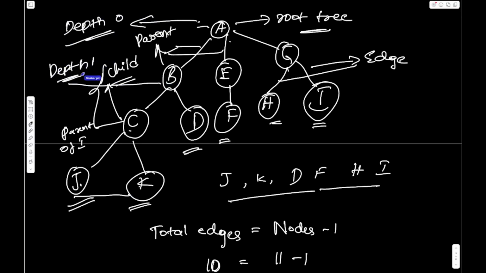Basically, depth is how far a node is from the root. A is the root node, so depth will be 0. B is one edge away from the root node. Again, C will have depth 2 and likewise.